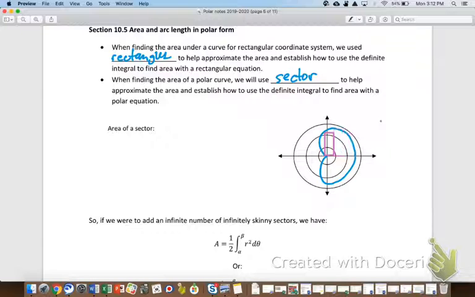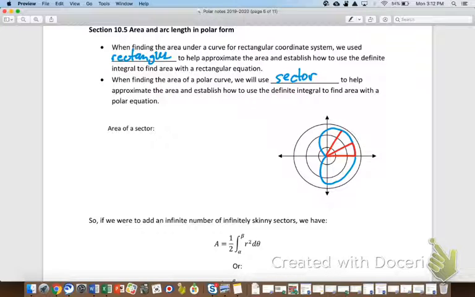So what we do, and you're going to find this to be fairly straightforward, is we try to cut out little pieces of pizza or pie. We establish a radial line and another radial line, and then we find the area of that sector.